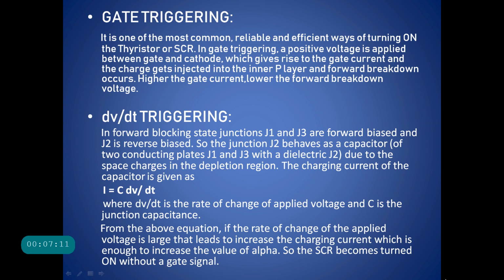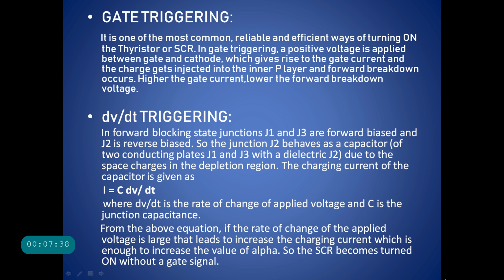The next is dV by dt triggering. In the forward blocking state, junctions J1 and J3 are forward biased and J2 is reverse biased. Hence, the overall junctions behave as a capacitor: junctions J1 and J3 act as the conducting plates of a capacitor, and junction J2 acts as a dielectric due to the space charges in the depletion region.